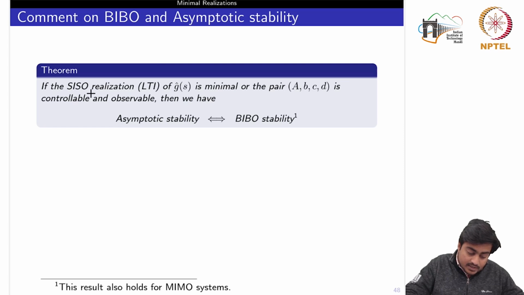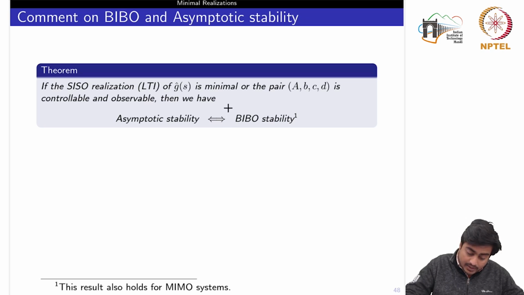So if the SISO realization, the single input single output realization of G-hat(s), is minimal, or the pair (A, B, C, D) is controllable and observable, then we have this implication both ways. This result also holds for the multi-input multi-output system.